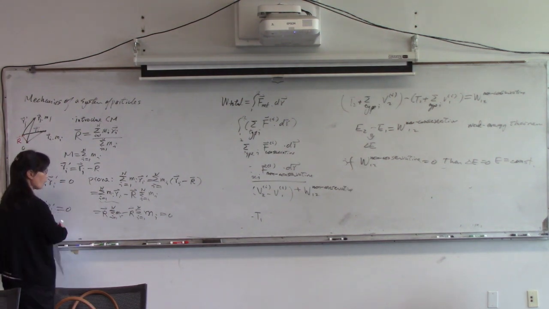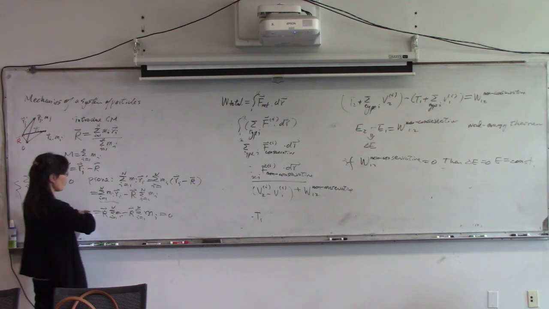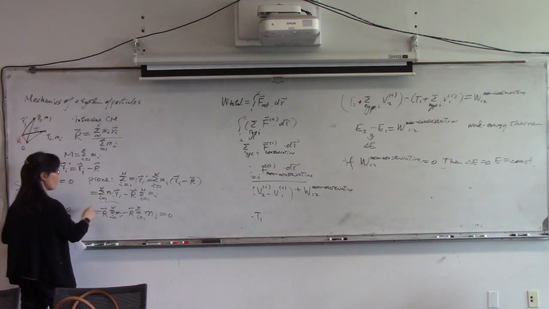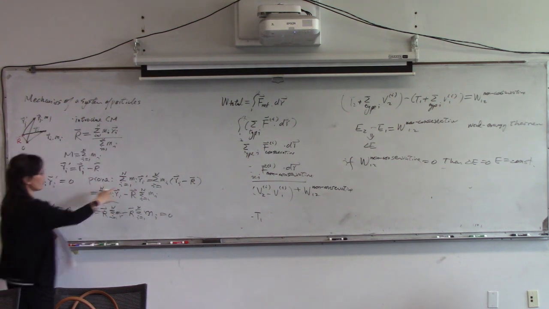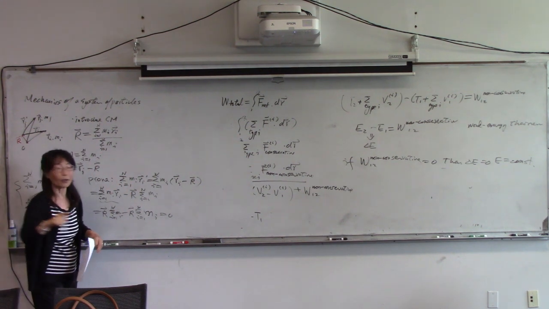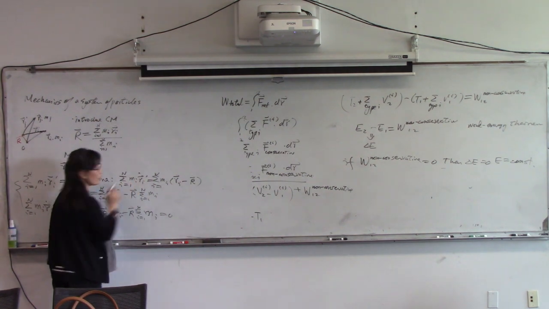So let me just use another proof, right? Proof here, we do the d, this one, because mass is constant, right? So d of this answer, that is this dot, right?